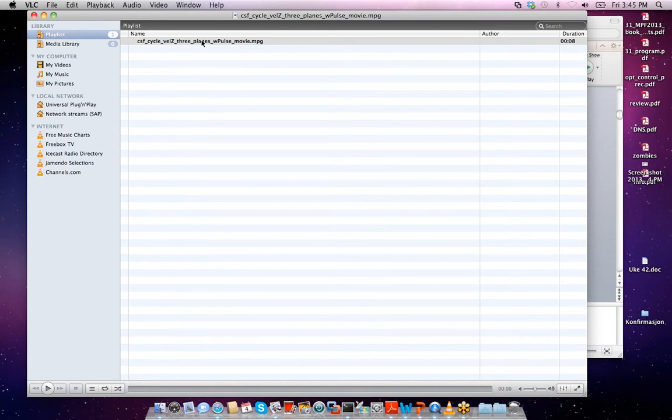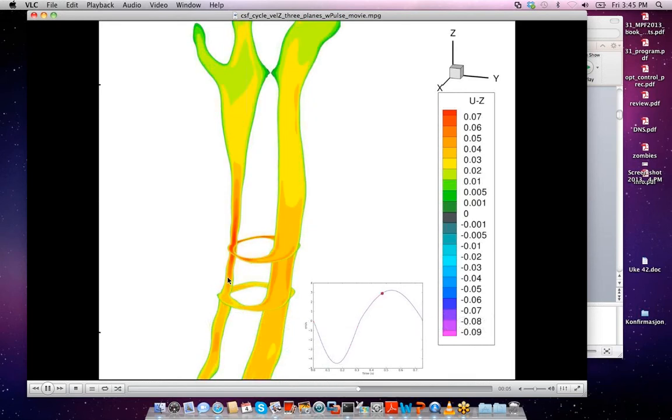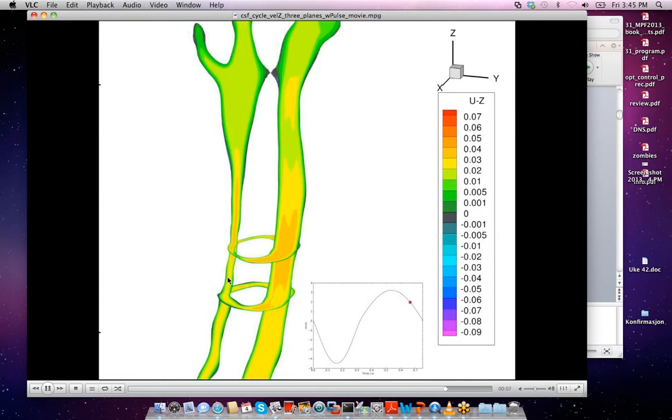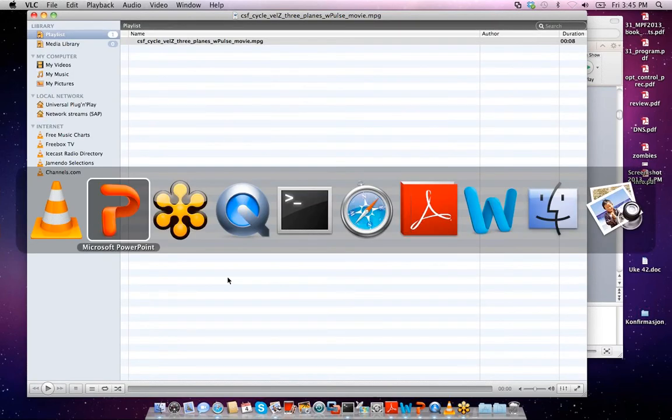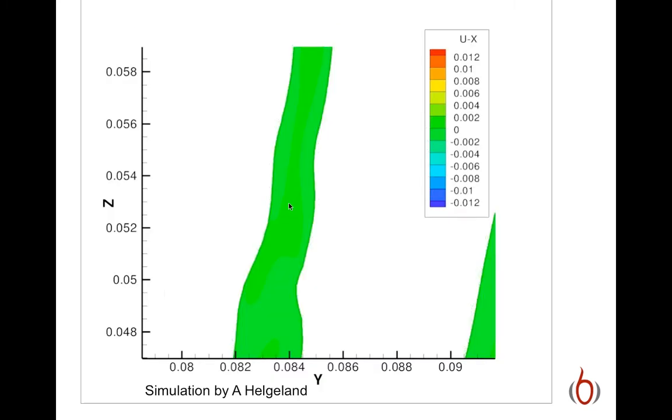So we went in and looked in a little bit more detail, and we looked at this area down here. This is what you will see in this movie. This is a movie where we have colored the velocity going towards you, in the x direction.